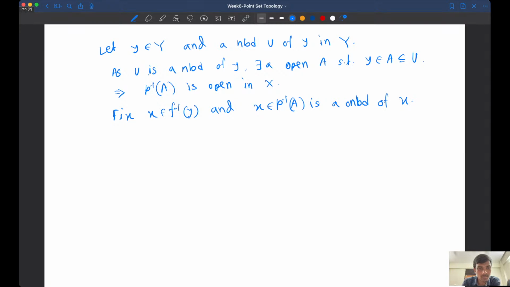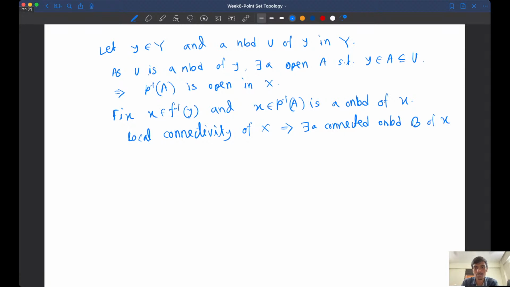Okay, so local connectivity of X implies that there exists a connected open neighborhood, let's say B, of x, such that x belongs to B contained inside P inverse A. So that's the local connectivity.